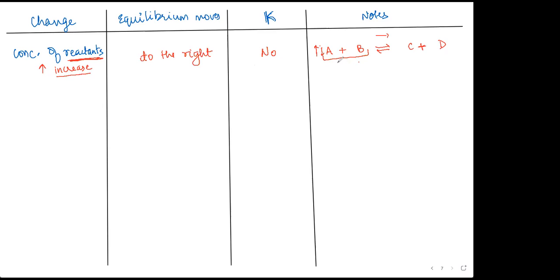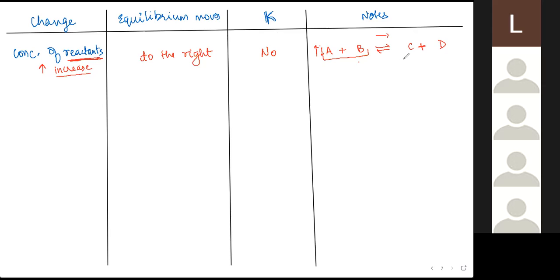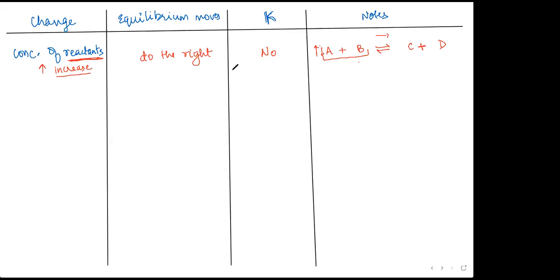The concentration of the products will get adjusted in order to ensure that Kc remains constant. That is why the equilibrium shifts towards the right. So if you increase the concentration of the reactants, the concentration of products also will increase accordingly, so that the value of Kc will remain constant. That's the calculation.